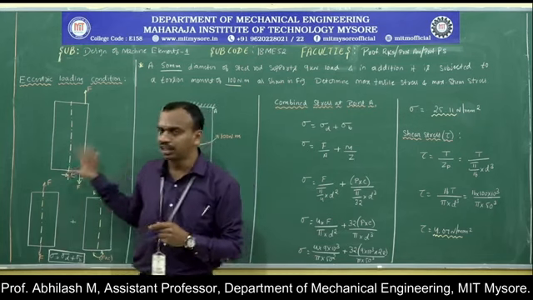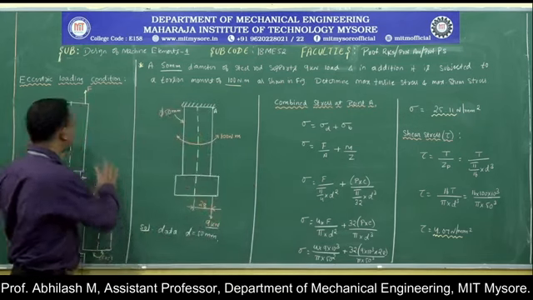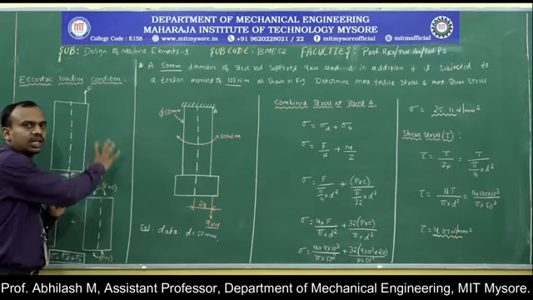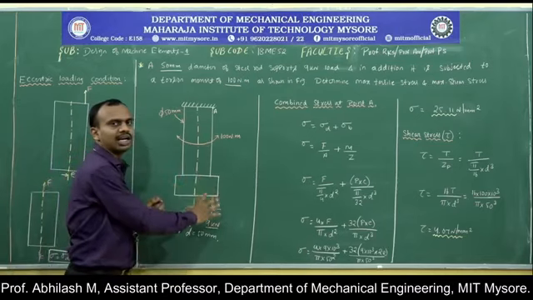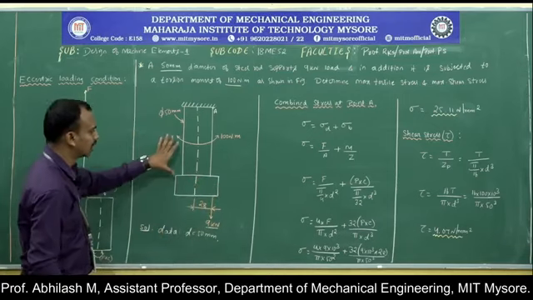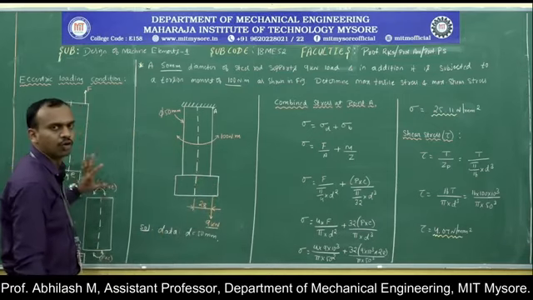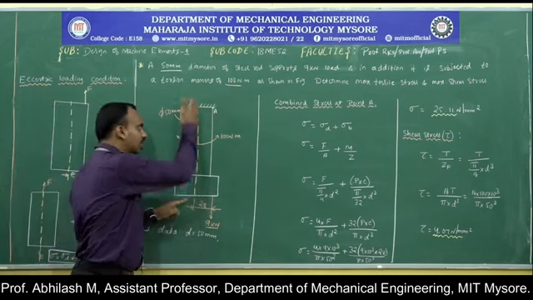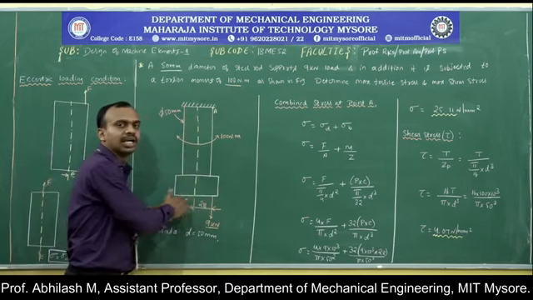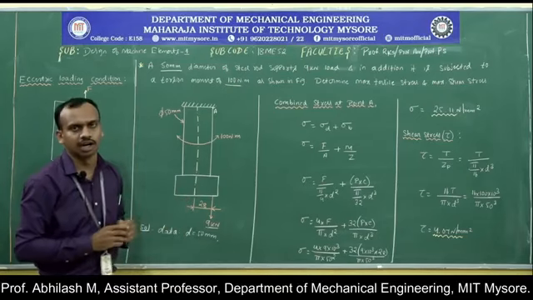Now if we compare these two sketches, the sketch used to understand the concept of eccentric loading and the given problem, we can clearly state that the given problem is under the condition of eccentric loading, where the load is acting parallel to the centroidal axis of the member, but not along the centroidal axis.